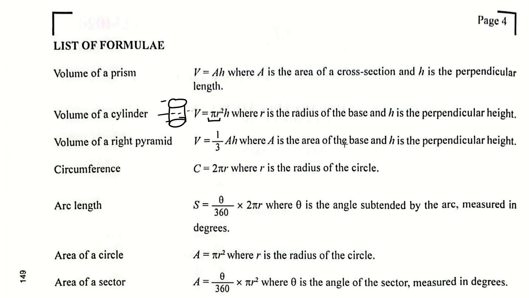A circular base pyramid is a cone. So volume of a cone would be a third multiplied by the area of your circle multiplied by your height. If it's a square base pyramid, it would be a third multiplied by area of a square times your height. If it's a rectangular base pyramid, a third multiplied by area of a rectangle multiplied by your height. It just depends on what type of pyramid it is.